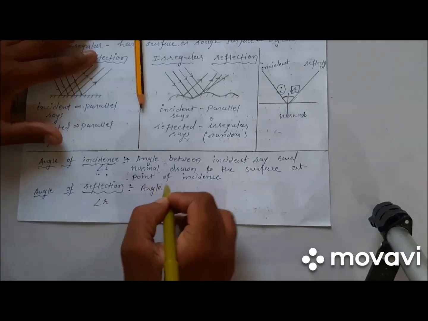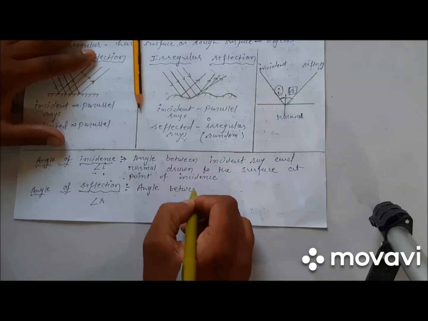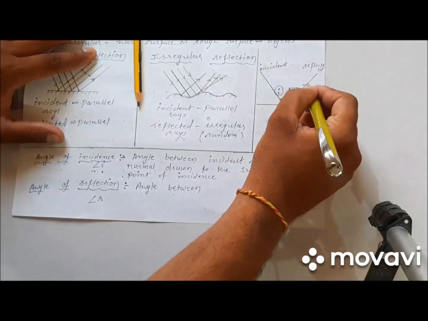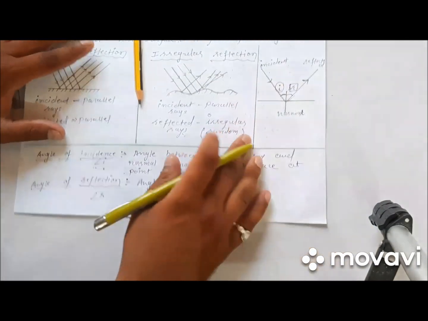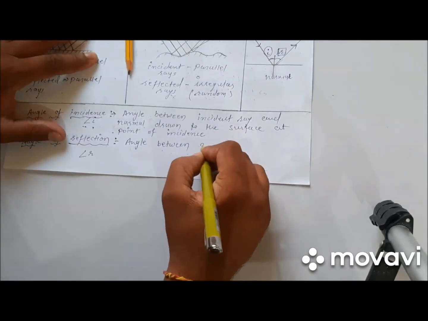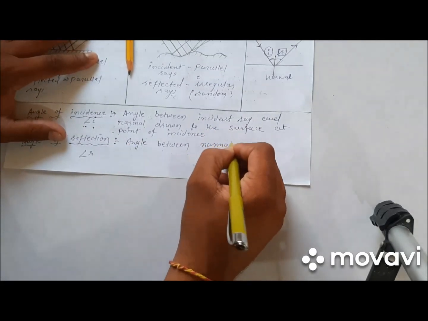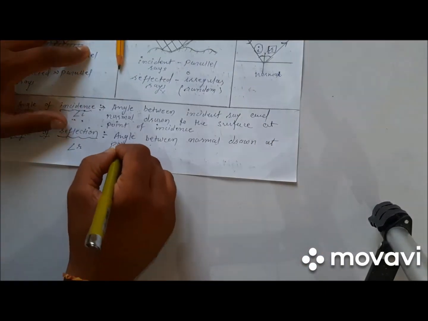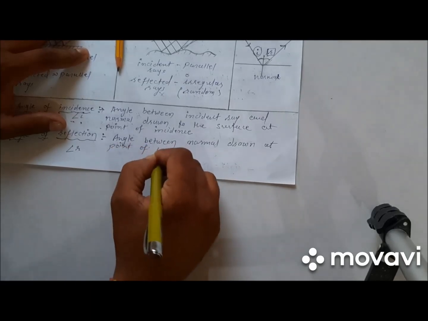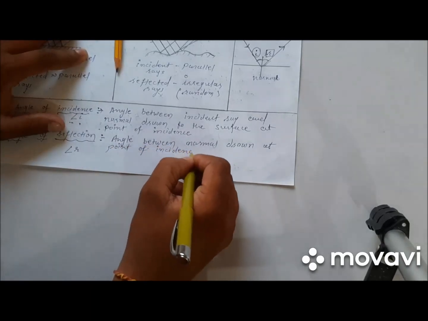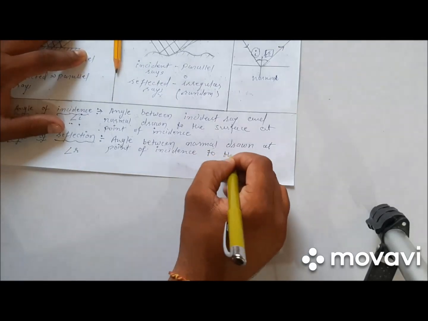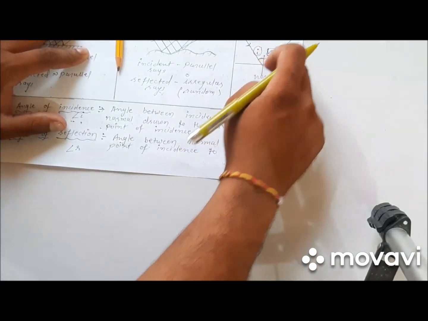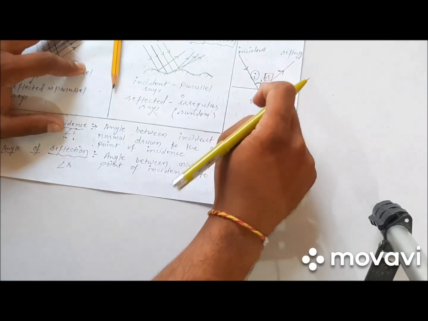It is the angle between the normal drawn to the surface at the point of incidence and the reflected ray.